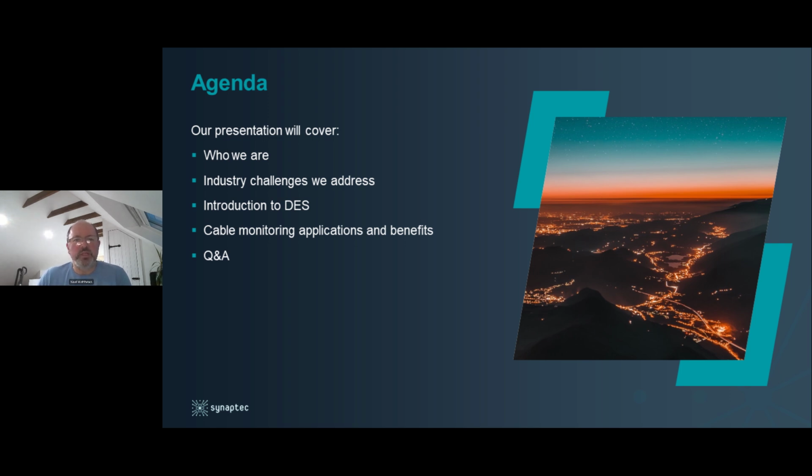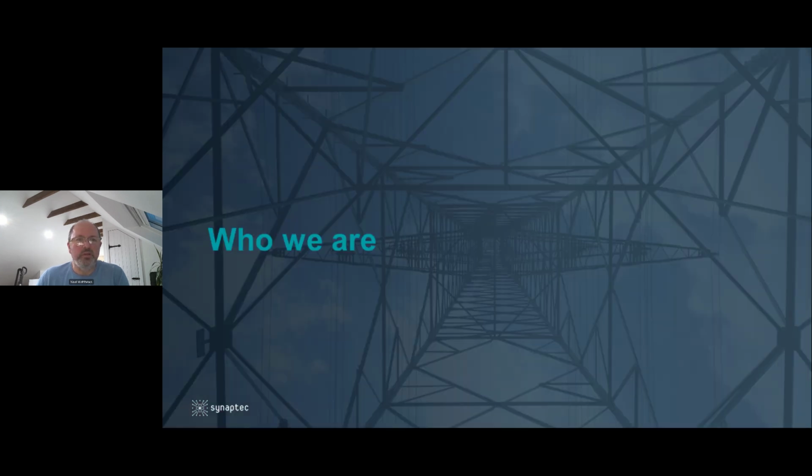Part of that is to also explain how our technology works, and then look at some of the specific applications and how our technology yields results for the operators of power cables. And Stephen will take you through that detail. And hopefully at the end, if we weren't able to answer questions in real time on the typed responses, we'll be gathering those up and trying to play them back to you.